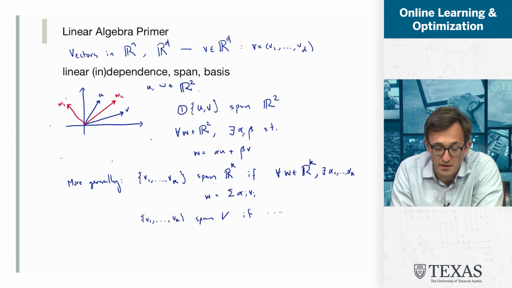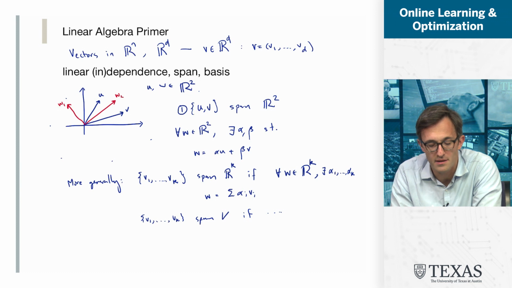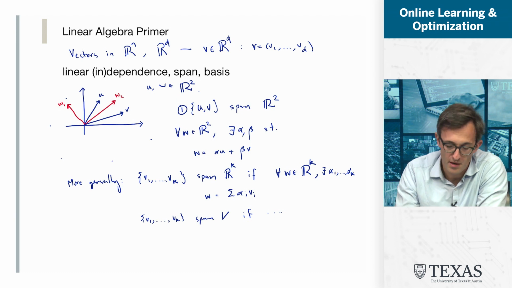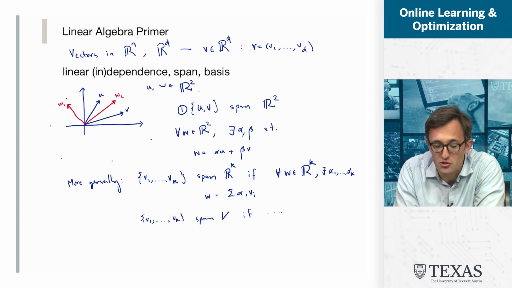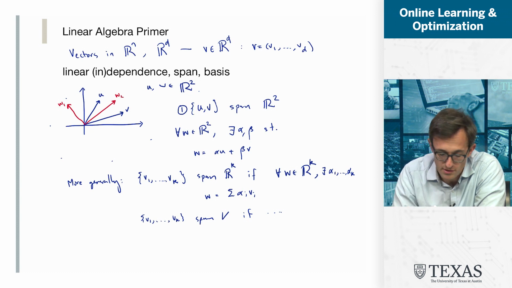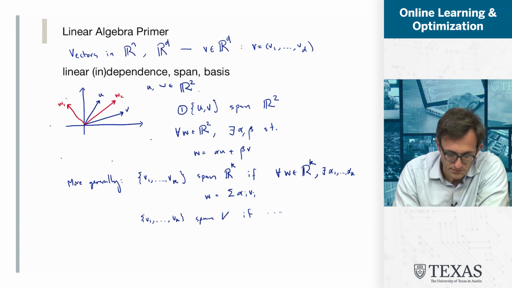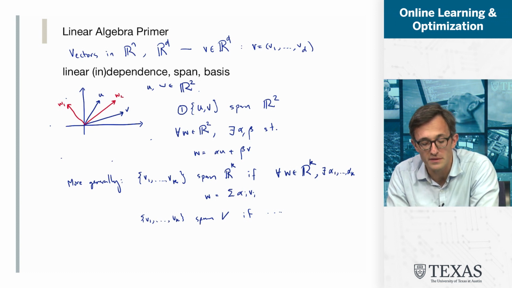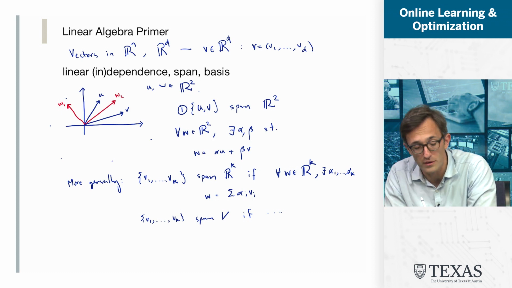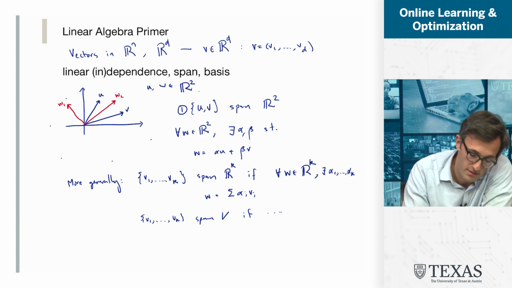So w1, u, w2, and v continue to span R2, but on the other hand, they don't do it in the most parsimonious way. You can see that I only need two of those vectors to span. Moreover, any one of these vectors can be described by two of the others. So what we're trying to define here is this concept of linear dependence or linear independence.